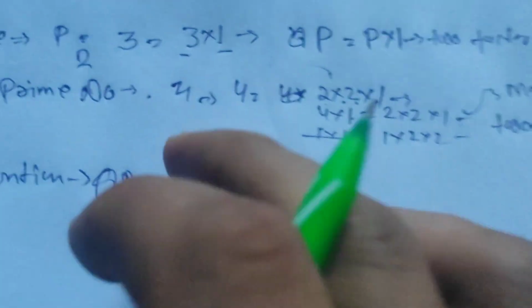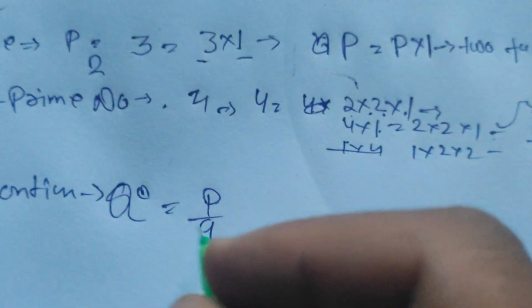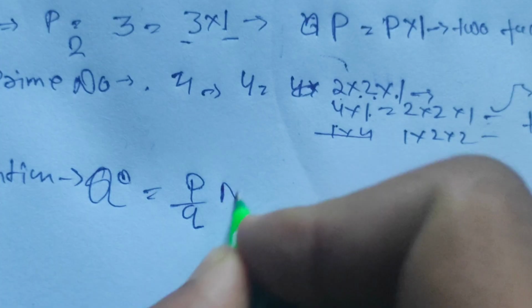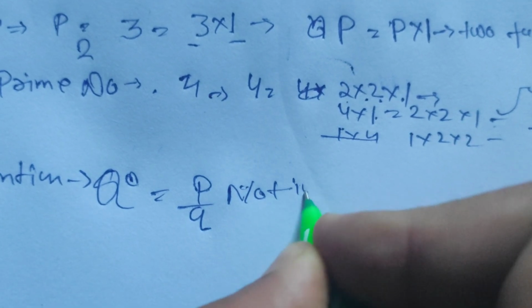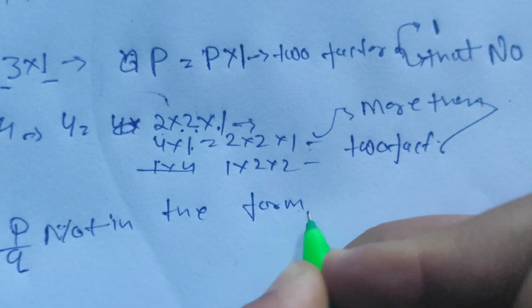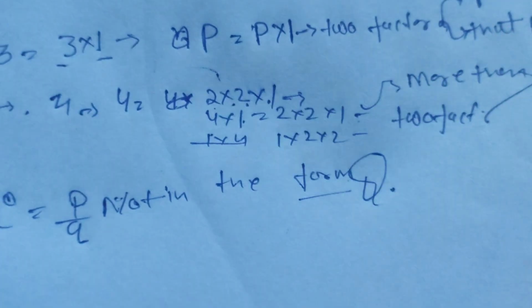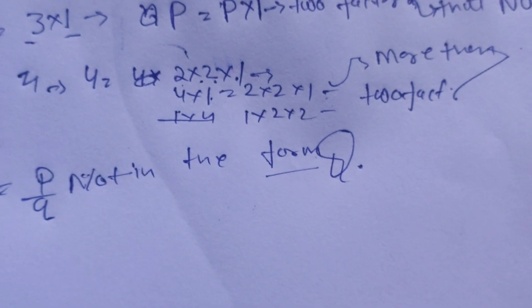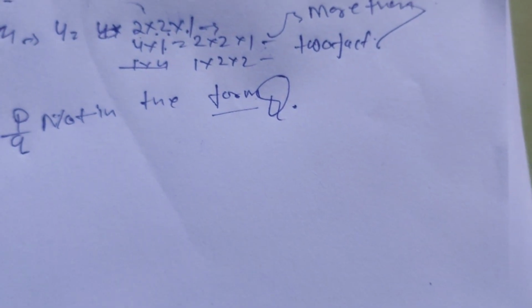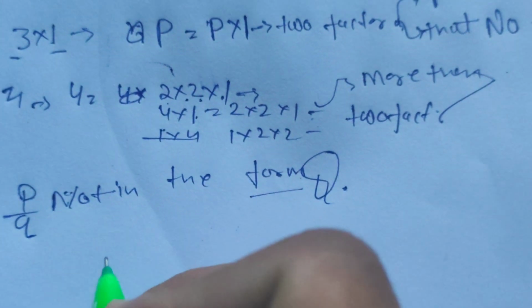But if the numbers are not written in the form of p by q, we call them irrational numbers. They are not recurring, basically they do not repeat, and they continue flowing up to infinity. For example, pi.